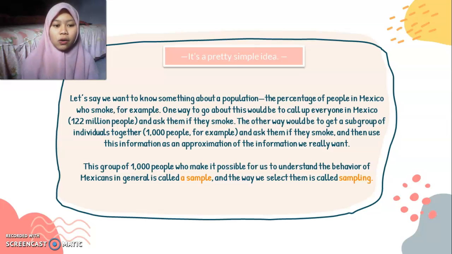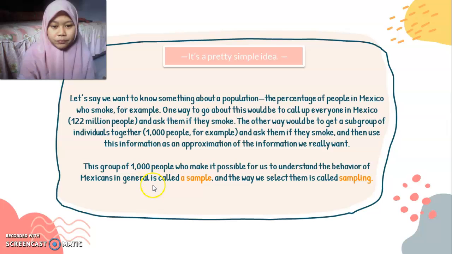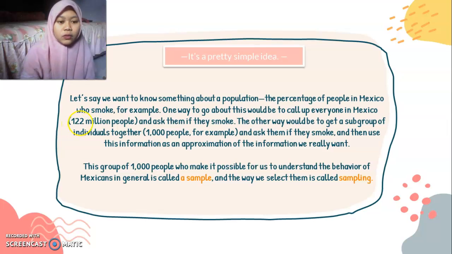So the group of 1,000 people who make it possible for us to understand the behavior of Mexicans is generally called a sample, and the way we select them is called sampling. So, a sample is a small group that we choose from the large population, from 122 million people we just choose around 1,000 people.